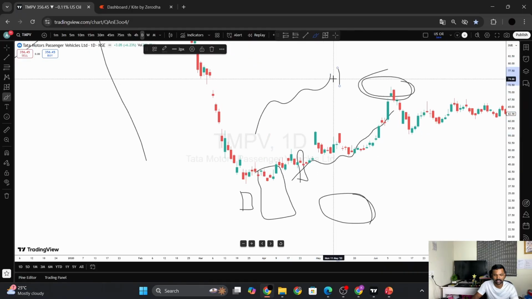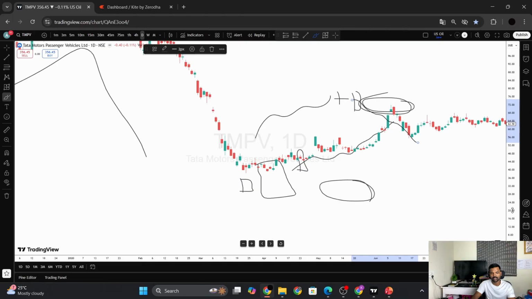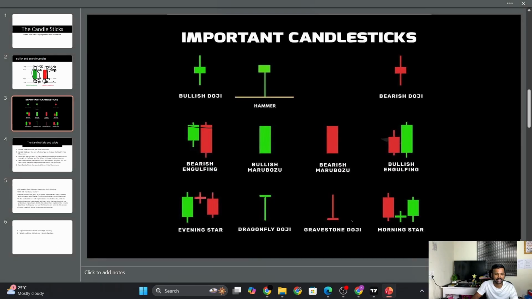After that there is a small doji, and then a red candle which is trying to pull the share price down. So these are the candlesticks that I use most effectively. There are many candlesticks, but not all of them work that properly, so I always stick with these.